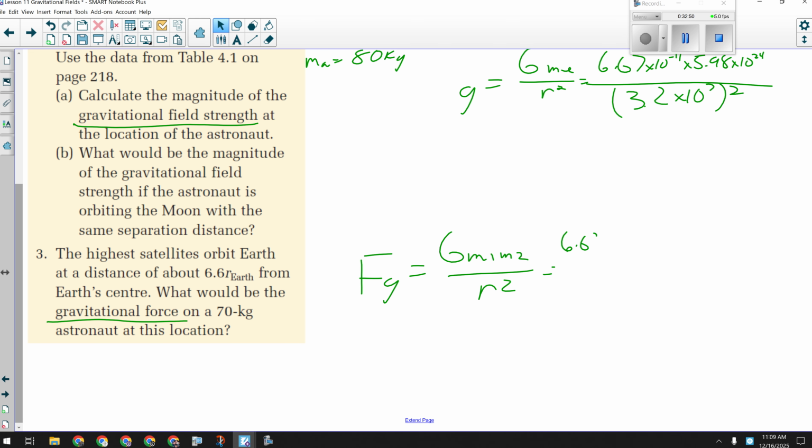So this is actually one of these questions where the 70 kilograms now does matter. So we would have 6.67 times 10 to the minus 11 times 5.98 times 10 to the 24 times 70, divided by 6.37 times 10 to the 6, squared.